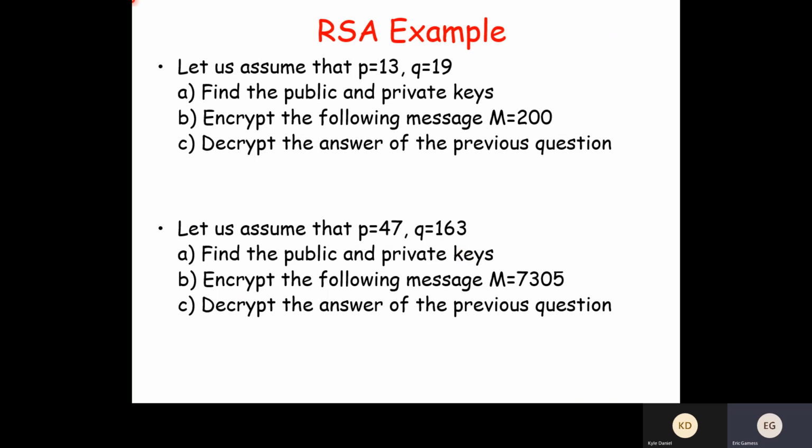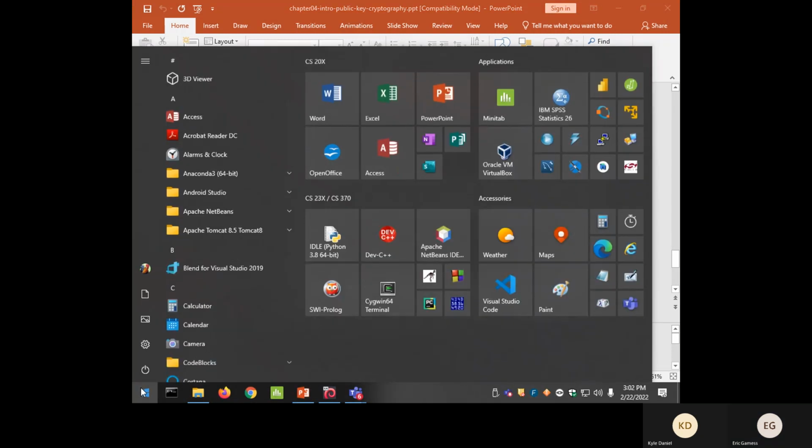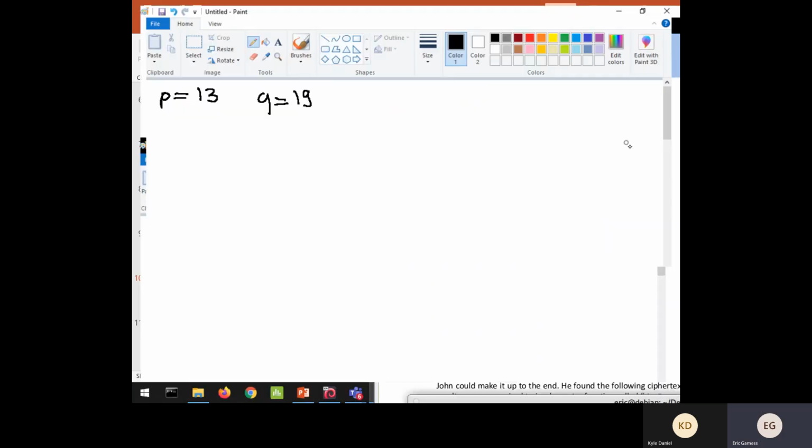So let's try to do it. Q is 19. Okay, so let's do things with that.